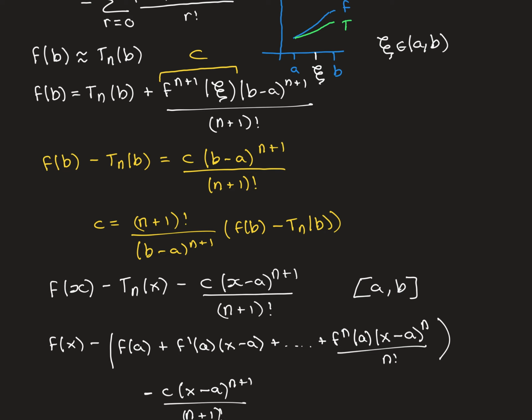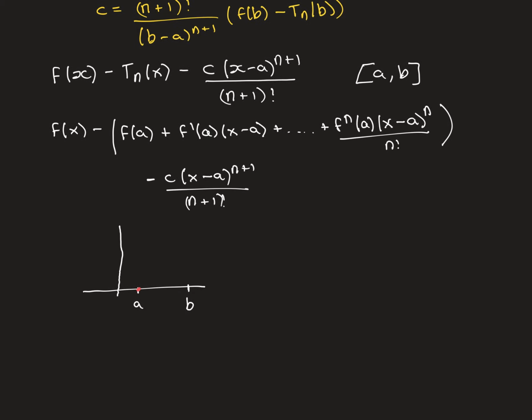So it's equal to this first bit here, and we're subtracting that off. So imagine taking this to this side here and having minus c times b minus a to the n plus 1 over n plus 1 factorial. It'll overall equal 0. And that's exactly what we get here when we stick in b. We'll have f of b minus T_n at b, that's this bit, minus this bit, which is therefore overall going to equal 0. So also at x equals b, the function is going to be equal to 0.